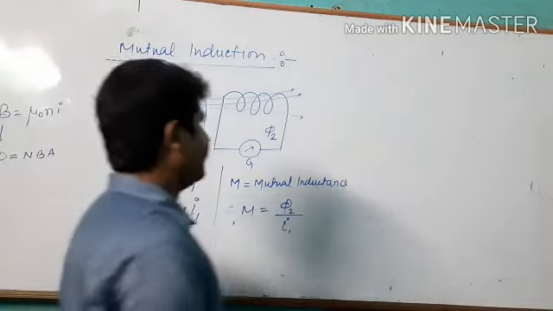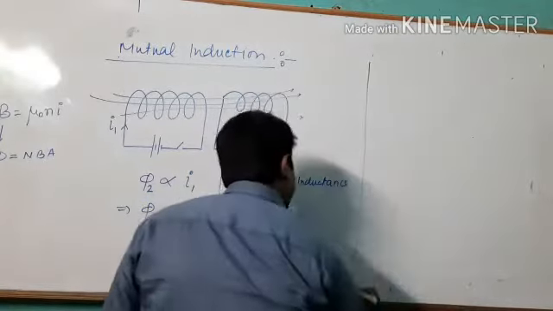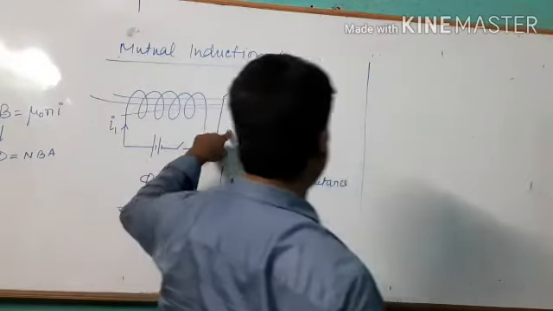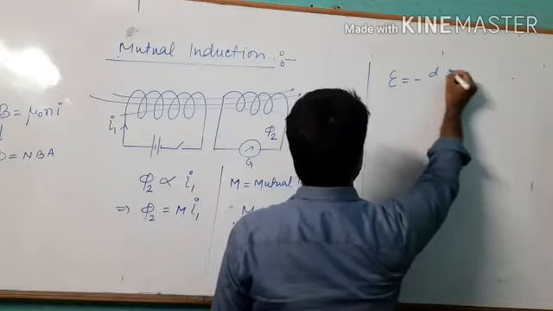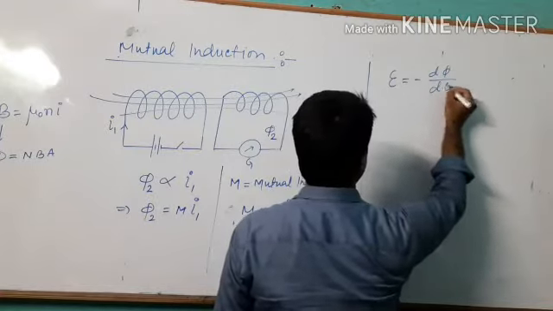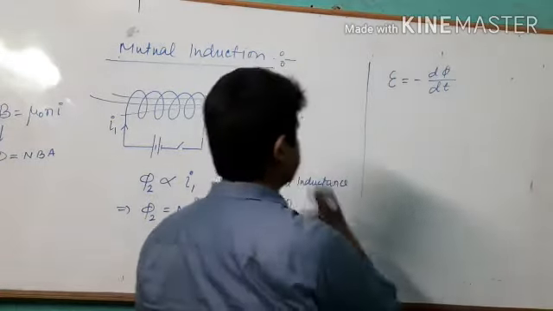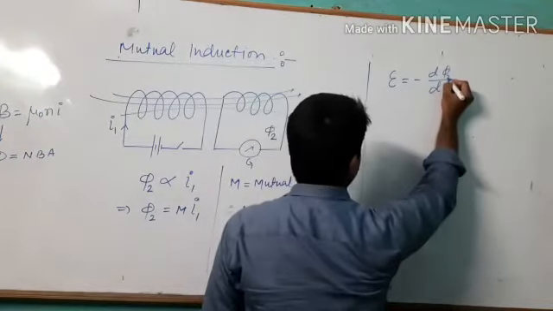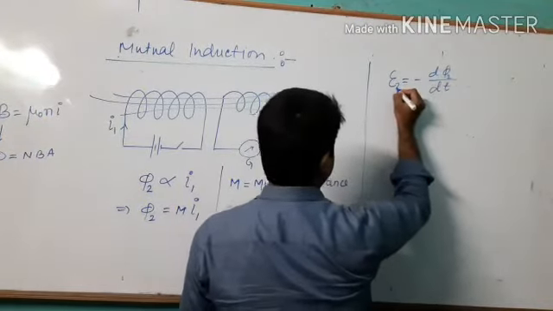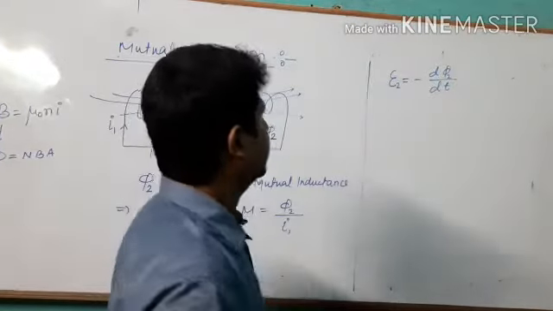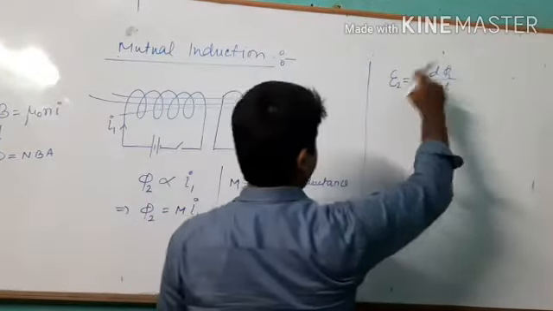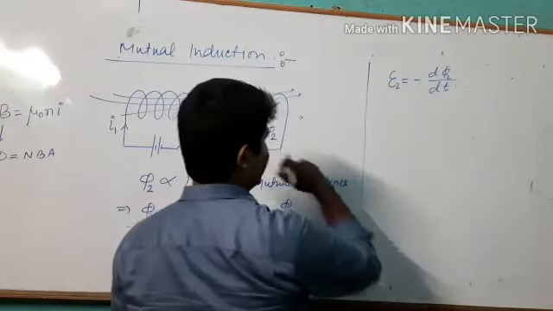Now what is the EMF induced in the second coil? So we know that epsilon equal to minus d phi by dt. So for this second coil we can write, changing flux linked with the second coil produces EMF in the second coil.